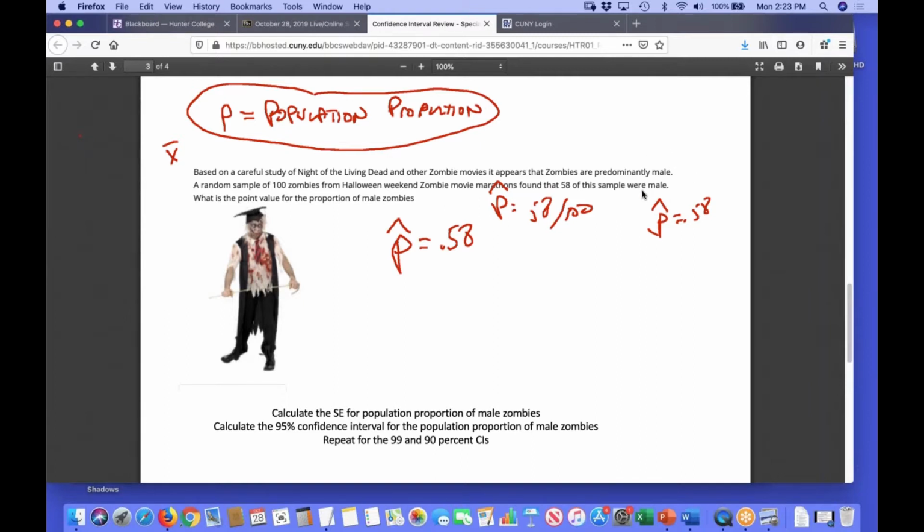So I need to use this information to describe how well I know, from this proportion and this sample size, the true population proportion of males in the zombie population, the entire population. So again, I need a confidence interval. I need to know that this is P cap, but I also need to know what the 95% confidence interval is for the zombie population.